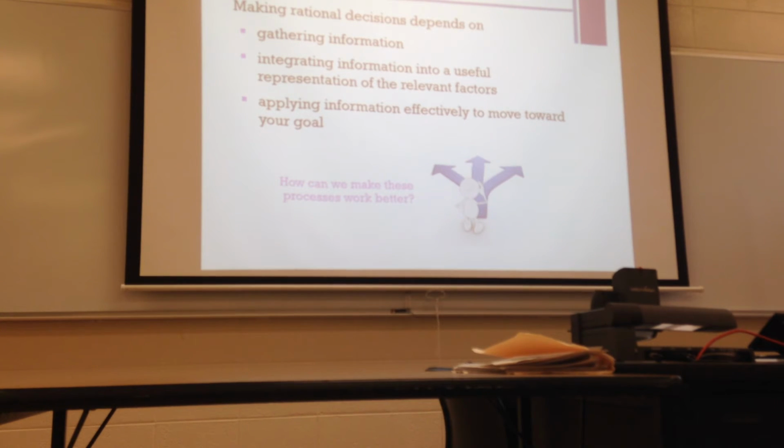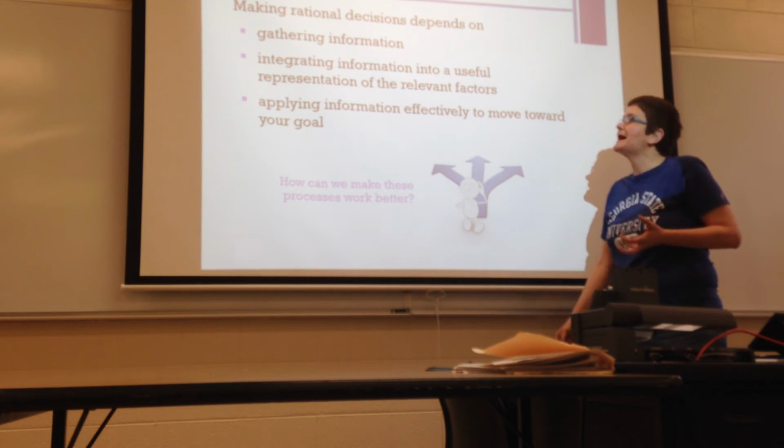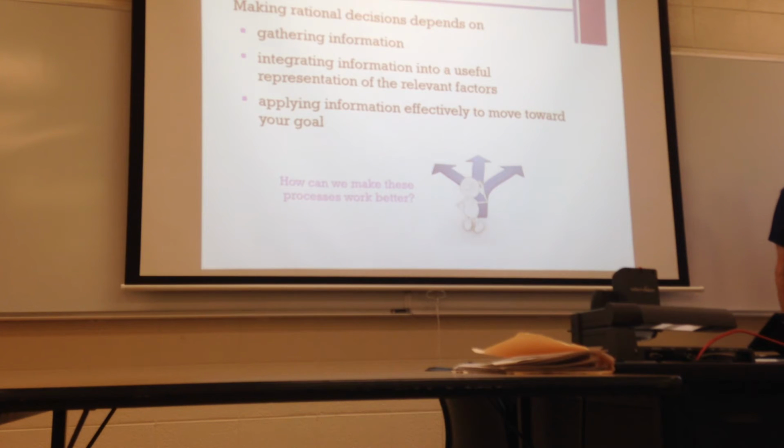All right, so if you want to make rational decisions, not just be influenced by emotion, what you need to do is gather lots of information. We're pulling this reasoning and decision-making thing together. Making a decision is a form of problem solving, right? You've got a problem: you've got choices.